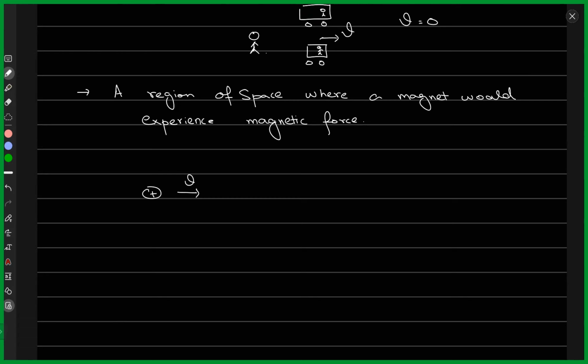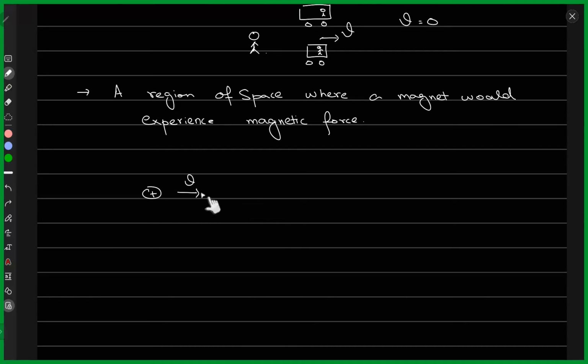So now suppose this is a positive charge and it starts to move, it creates a magnetic field around it. And so I can draw that magnetic field. I'll need another charge as well.